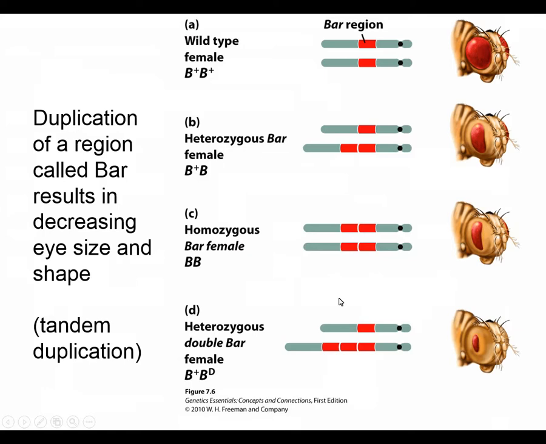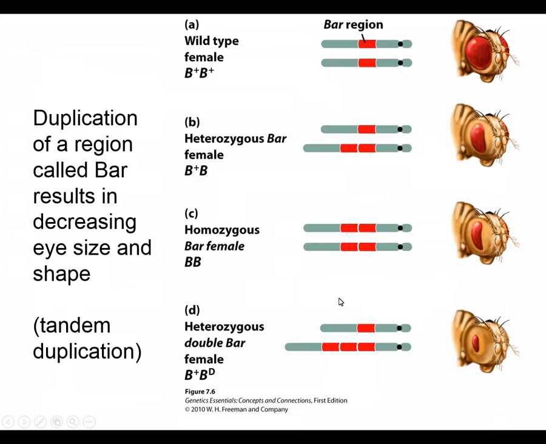So that individual is fertile, but they're maybe not normal themselves. So an example of this is called BAR, the BAR eye, which was discovered in Drosophila. And the reason the BAR region of the chromosome is called that is because somebody thought that flies that have this duplication or deletion have this weird-looking eye, and they thought it looked like a bar.